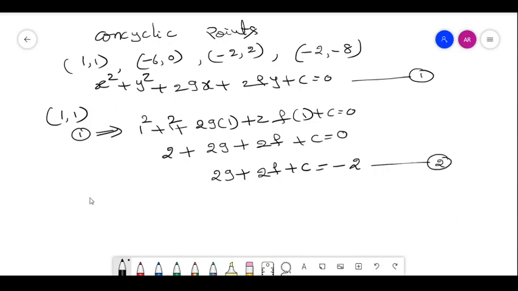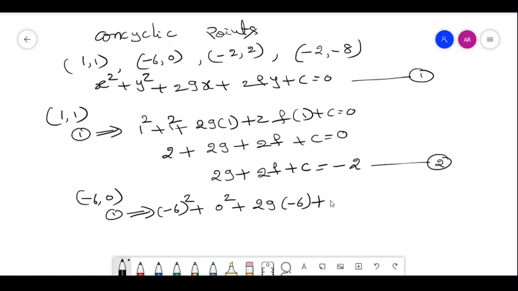Next, we have to substitute the second point, (-6, 0), again in the first equation. The x value is minus 6 and the y value is 0. Minus 6 whole square plus 0 square plus 2g into minus 6 plus 2f into 0 plus c is equal to 0.